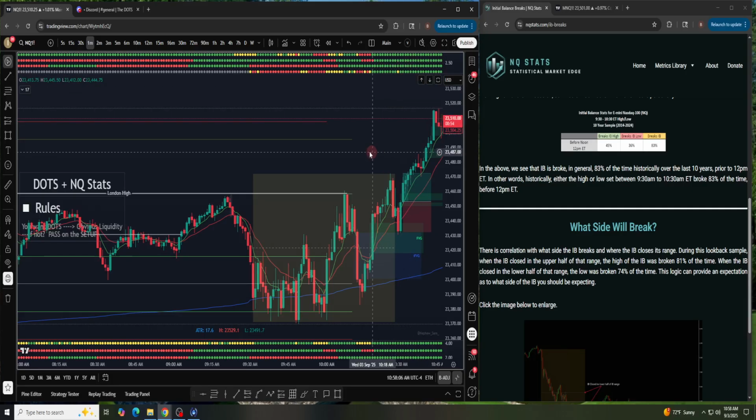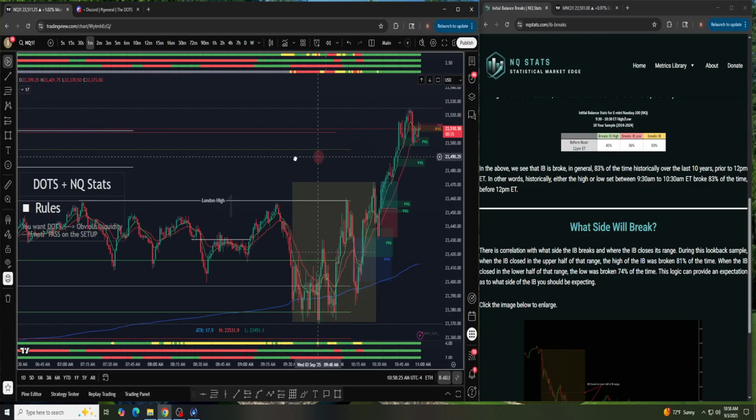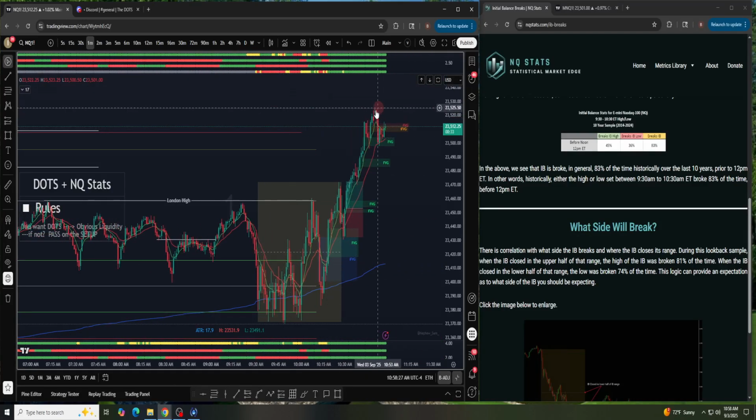You want to stack as many confluences in your favor: a fair value gap on the 1 minute chart holding, partially engulfing this candle, EMAs holding after this little displacement. You want to stack confluences on top of confluences on top of confluences. And you can see we ended up grinding higher, and we're continuing to do so with green dots.